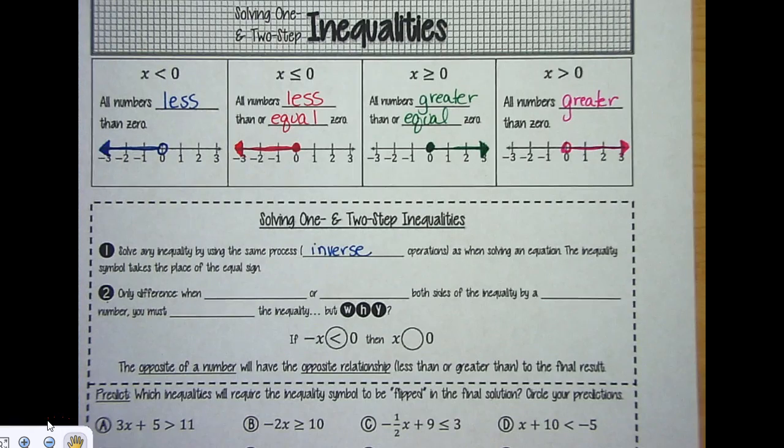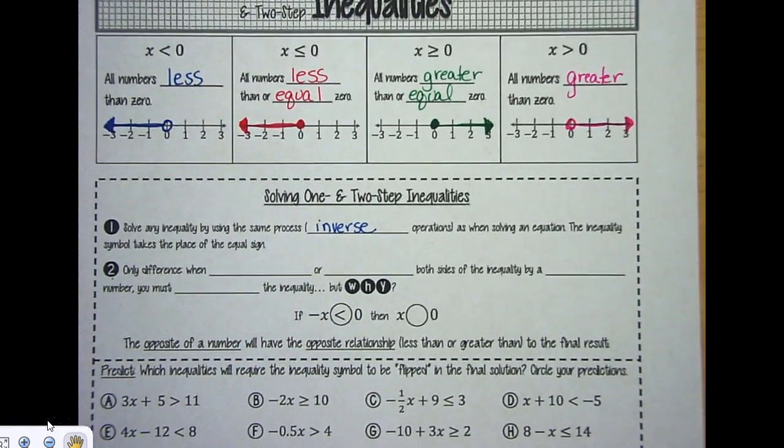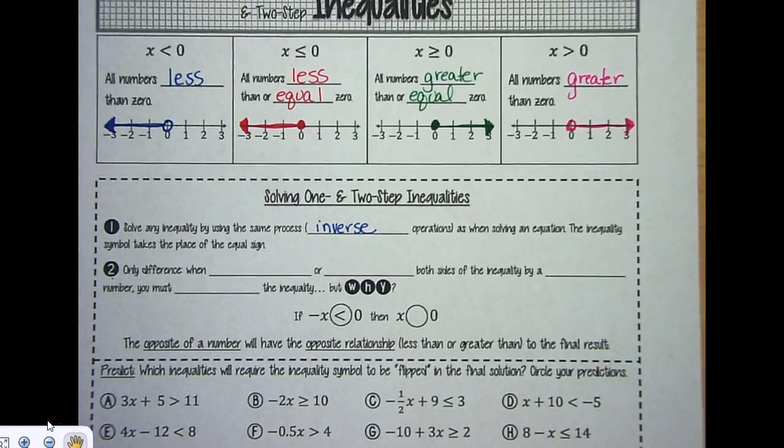That's the only difference. You do the exact same thing as you do with an equation. It's just you don't have an equal sign, you have an inequality sign. The only difference is when you are multiplying or dividing.